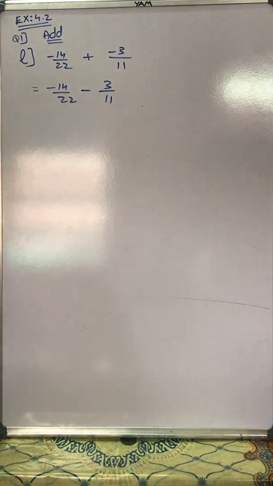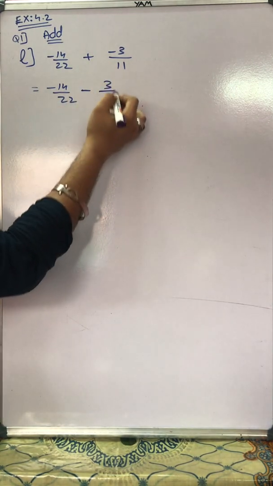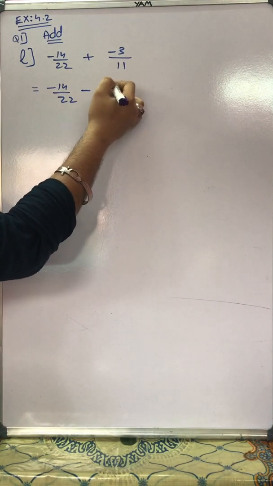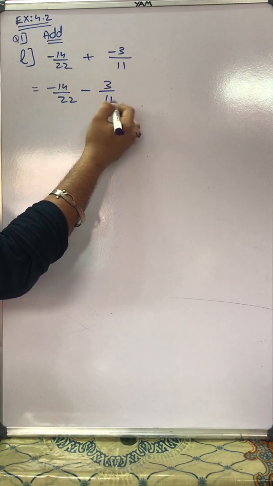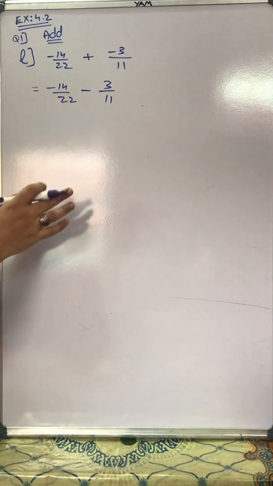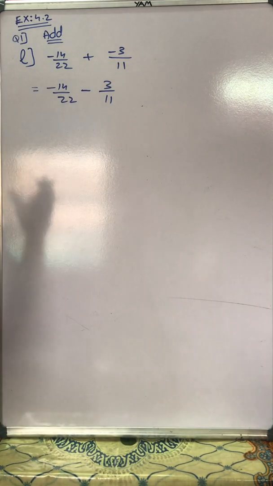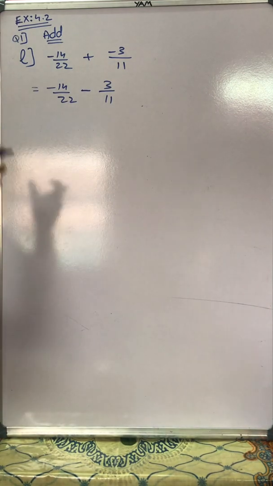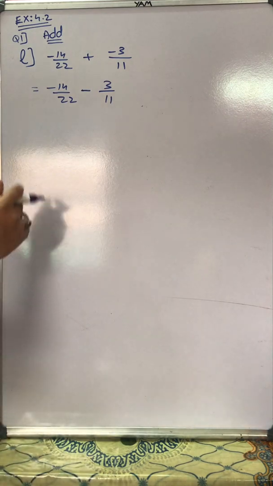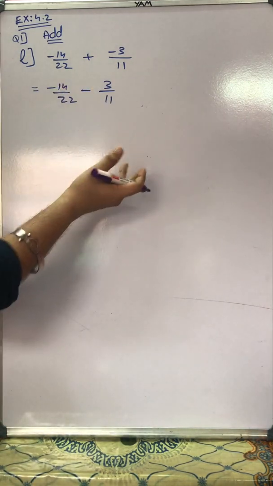Now I can reduce it to some extent. You must be thinking, sir, if we multiply numerator and denominator over here with 2, this will become 6, and this will become 22, and we can make both the denominators same. Yes, of course we can do it. There are many ways in maths to proceed with the question, but I'll go with all the questions in a similar method, though you can very well do it your way.